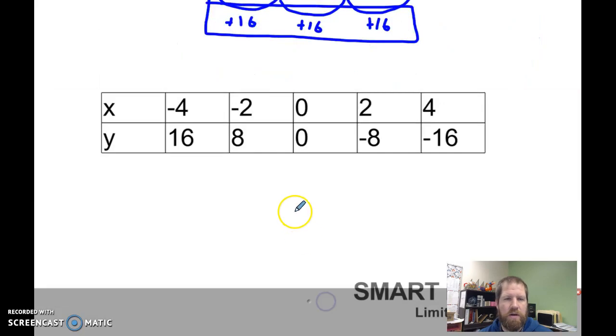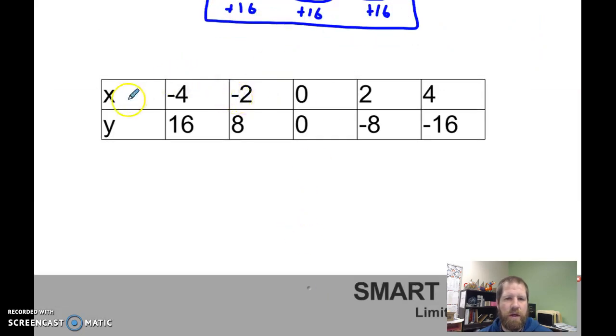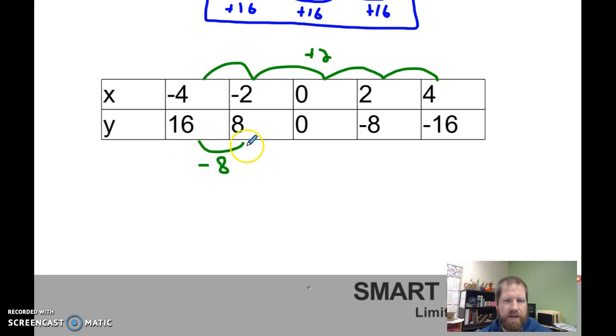Now I'm going to look at my last one. I still have a constant change for x. Right, it's still plus 2. Okay, and now it looks like I go from +16 down to 8, so that's a -8. And then an 8 down to 0, that's a -8. 0 to -8, that's a -8.